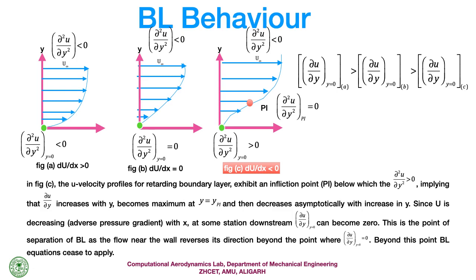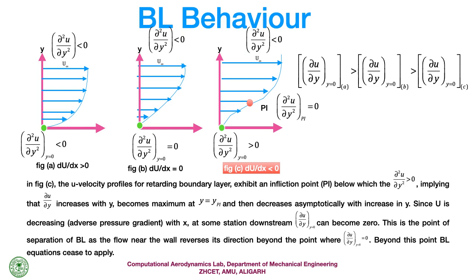This is the point of separation of the boundary layer, as the flow near the wall reverses its direction beyond the point where del u over del y is equal to 0. Beyond this point, that is the point of separation, the boundary layer equation ceases to apply.